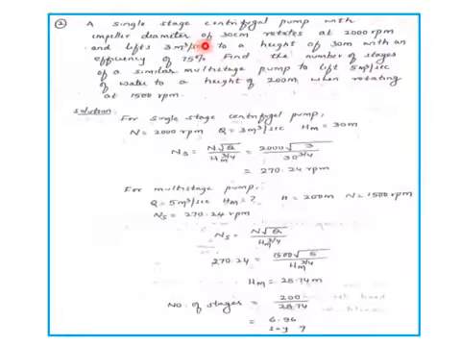There is also one more problem related to this. The data for a single stage centrifugal pump is given, that is, if you are using one impeller. The operating speed, discharge, and manometric head of that pump are given, so using that you can find the specific speed. Specific speed is N root Q by Hm to the power of 3 by 4.